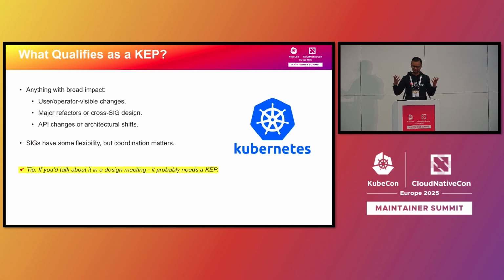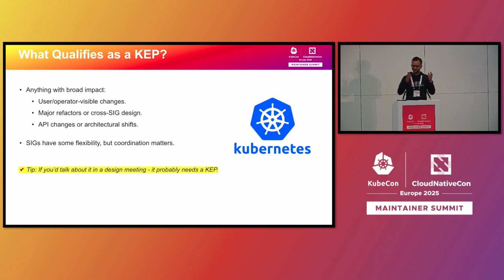So what qualifies as a KEP? Anything that has a broader impact on your project is going to be classified as a KEP. For Kubernetes, that comes down to any user or operator visible changes, any major refactor that requires cross-SIG collaboration, where SIG is nothing but special interest group, or any API changes or architectural shifts.